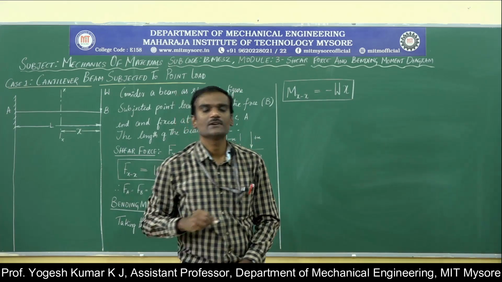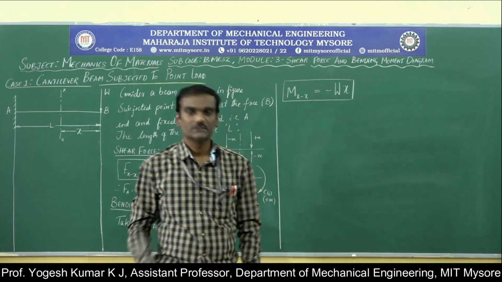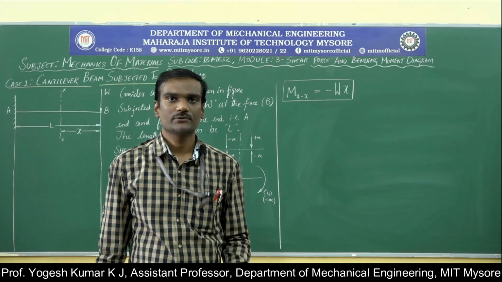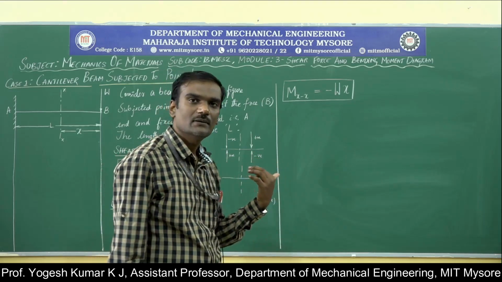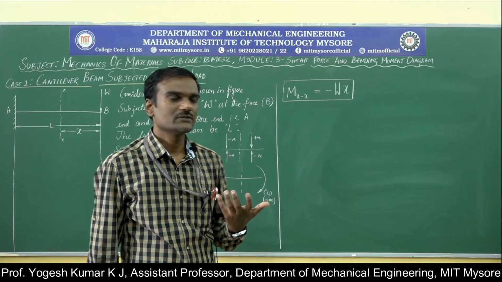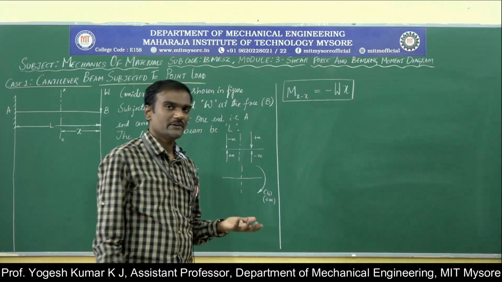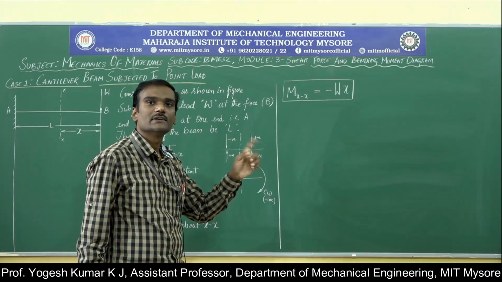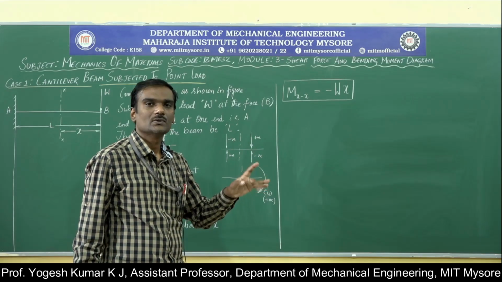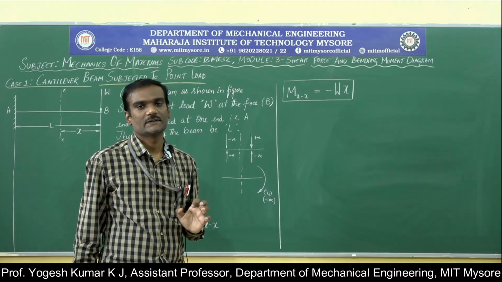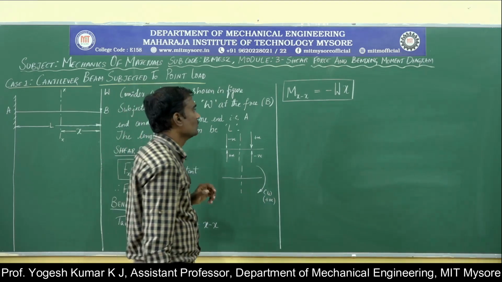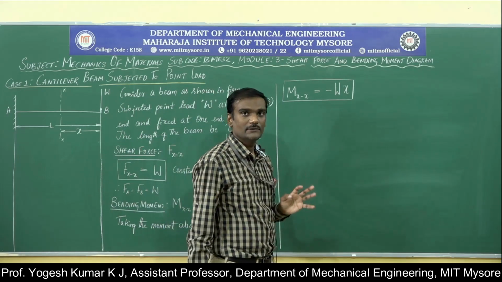This is a function of x. Change the value of x. Put x equal to 0. What happens to the bending moment? It becomes 0. Put x equal to 1. It will be minus W. That means the bending moment is going to vary with respect to the value of x. So it is not a constant value, it is a variable value.